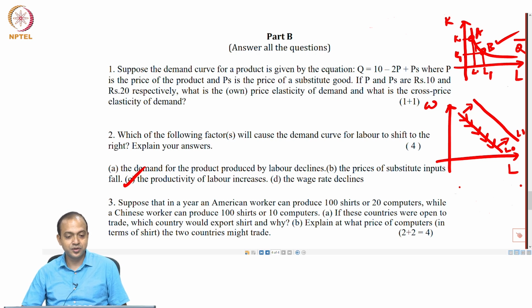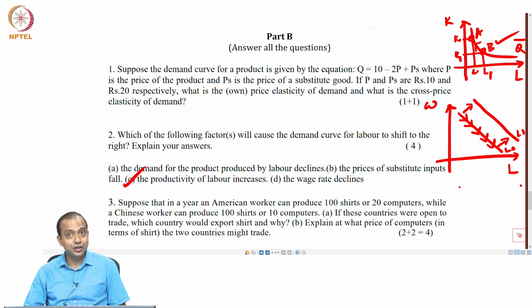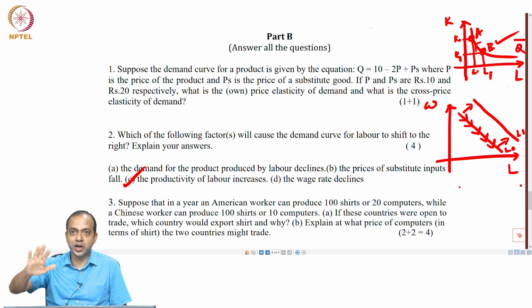So, only productivity changes. Productivity increases means some technological changes might have happened, or maybe the skill component of the labor has increased, and that can make the demand for labor shift to the right.